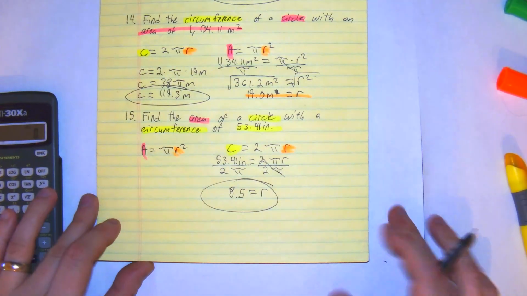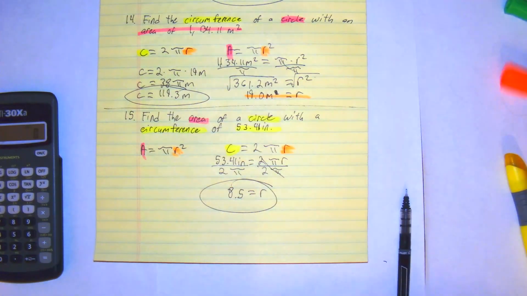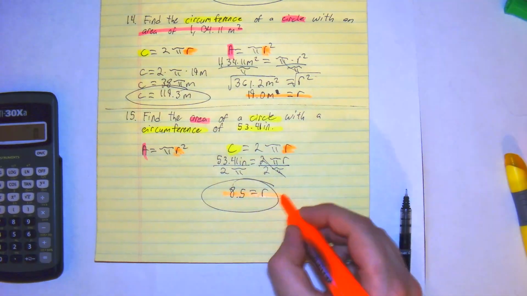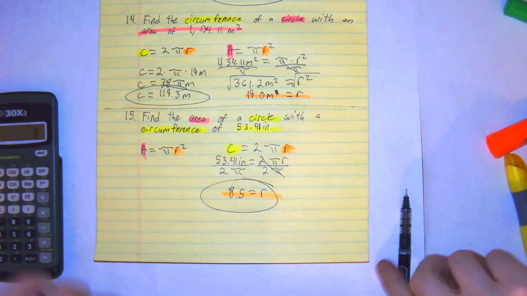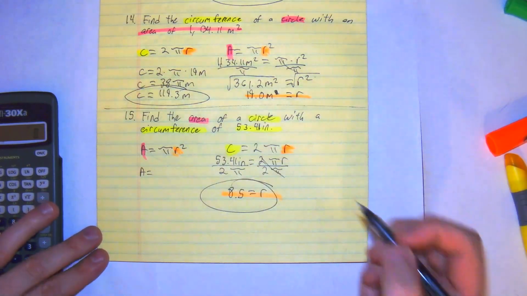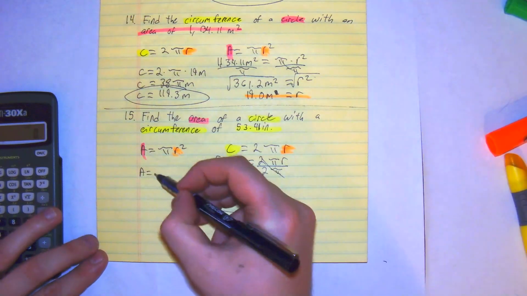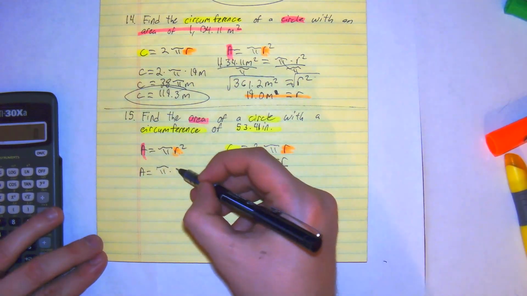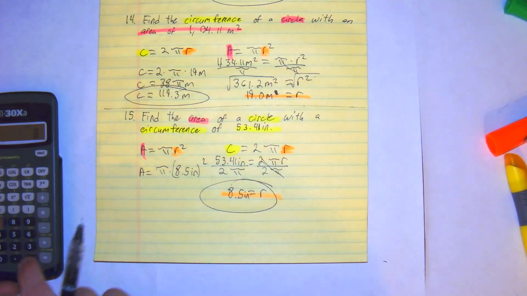Alright, now that we know the radius, we're going to plug it in over here and find our area. So area is equal to pi times 8.5 inches squared.